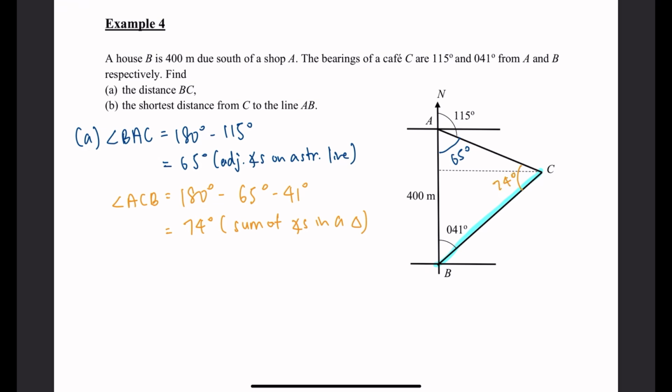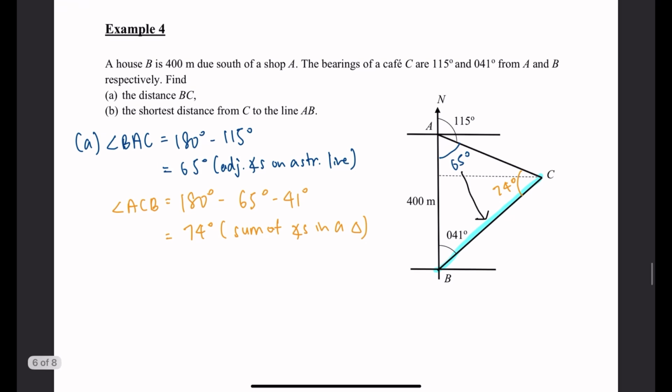Okay, so now I have found all my angles. I want to find BC. So let me do something. 65 degrees is opposite BC. 74 degrees is opposite a known side of 400 meters. So we can use sine rule.